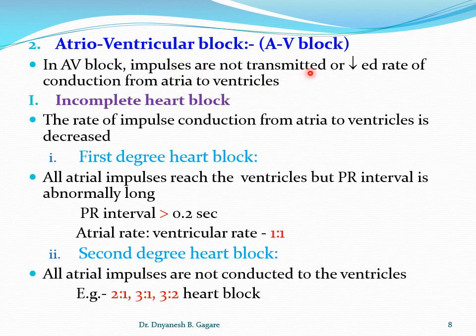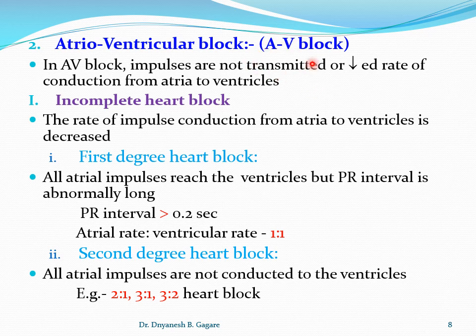This is a block between atria and ventricle, means there is a difficulty or disturbance in the transmission of the impulse from the atrial side to the ventricular side. So impulses are not transmitted, or the rate of conduction from atria to the ventricle decreases. Either there is a problem in transmission, or there is a decrease in transmission. Okay, this thing happens.